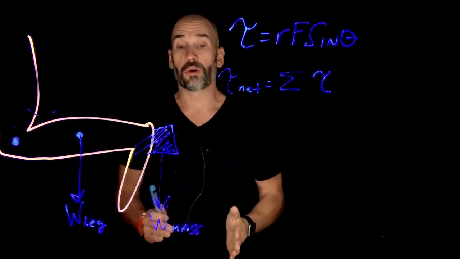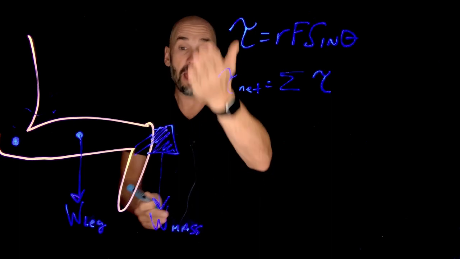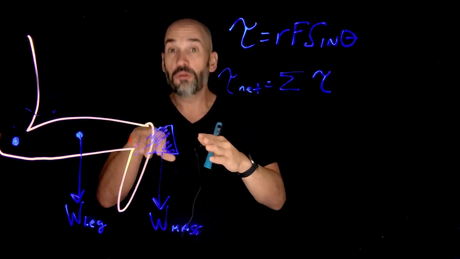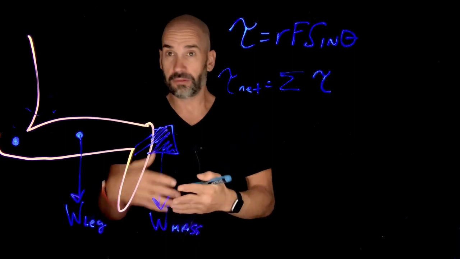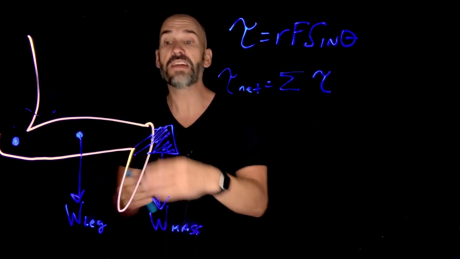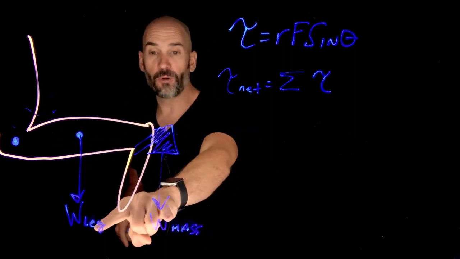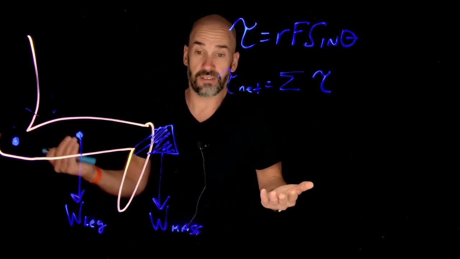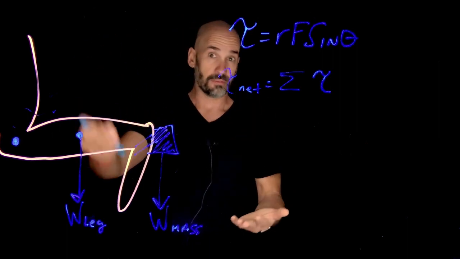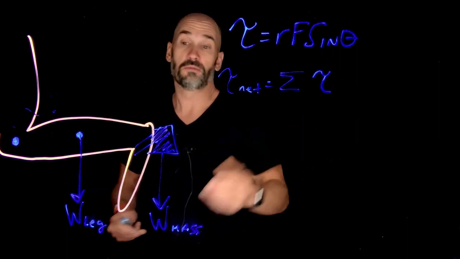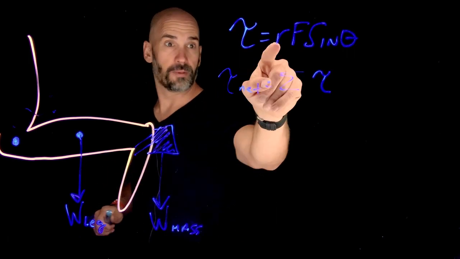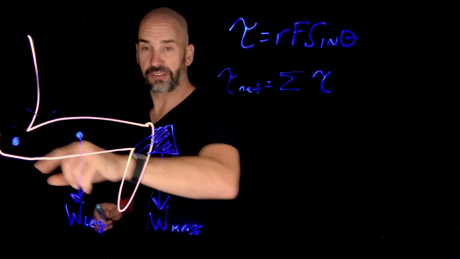When you're finding torques, basically, for every force, there's one torque. So you know you have a torque around a certain axis if you see a force. So if there are two forces acting on this leg, that implies there must be two torques, right? The second thing we need to know is how far those forces are from the axis of rotation.